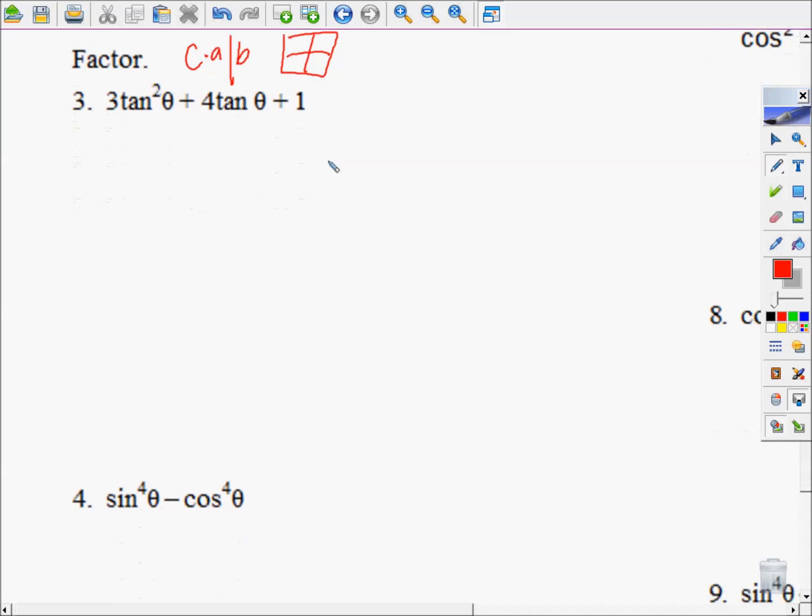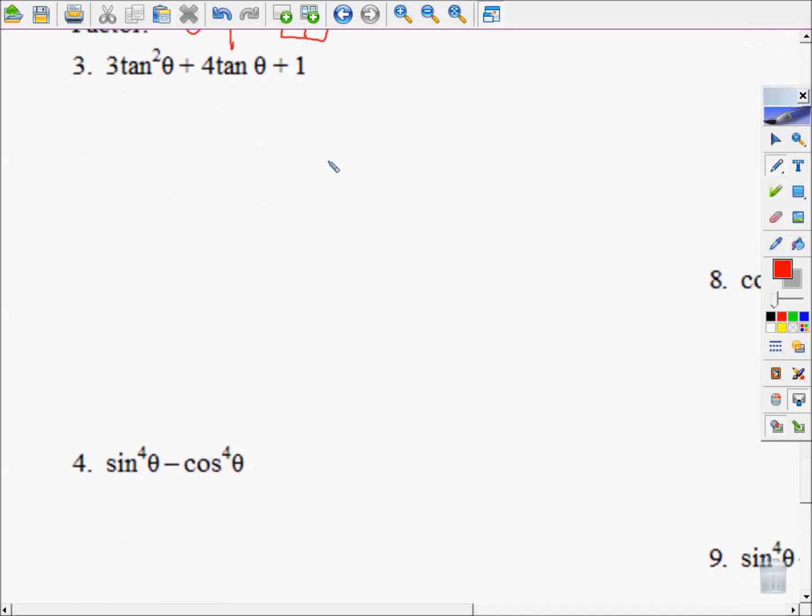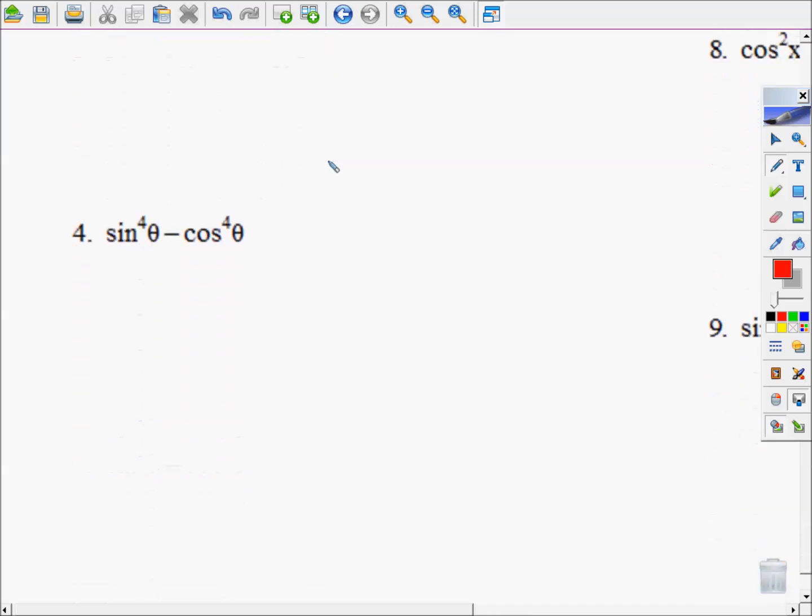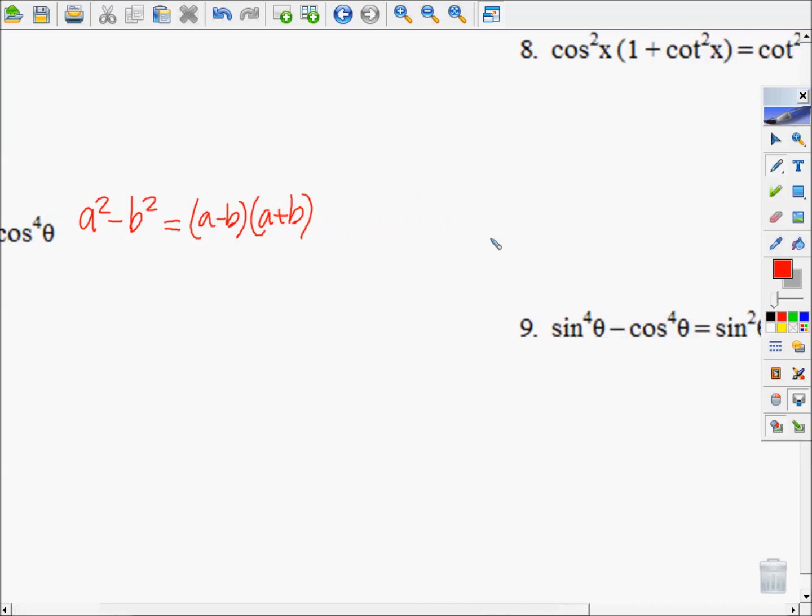On 4, remember your identity a squared minus b squared equals a minus b times a plus b. Remember difference of squares. You're going to end up doing difference of squares twice. This is similar to number 6 on your notes. Now moving on to 5 through 9.